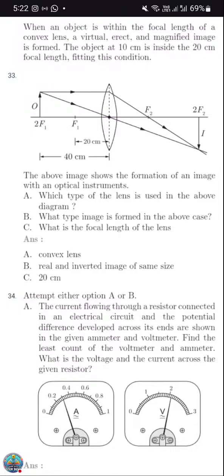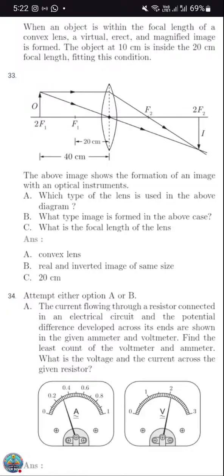And the second one, which type of image is formed? By seeing the diagram, we can say the image got inverted. So here it is an inverted, real image. And both the distances are the same. The object at 10 centimeter is inside the 20 centimeter focal length.